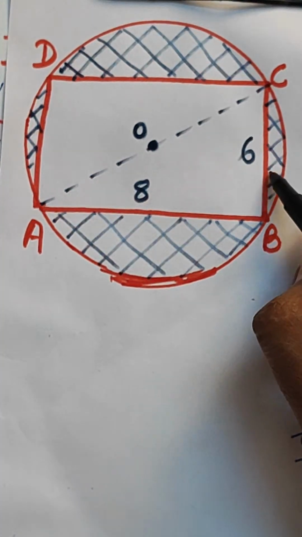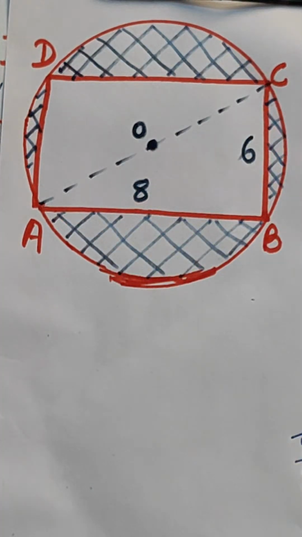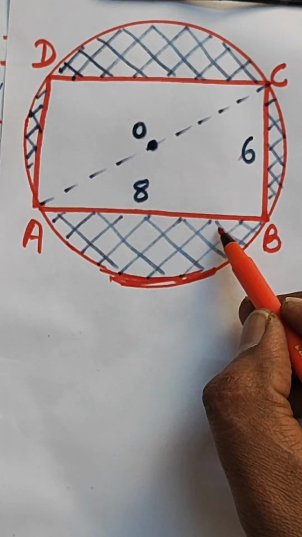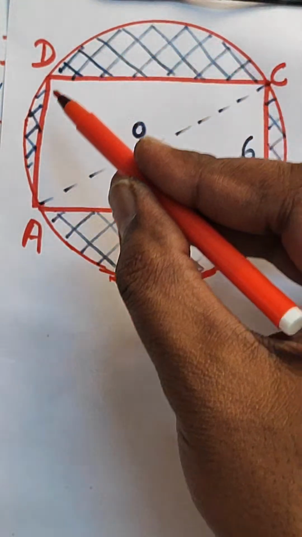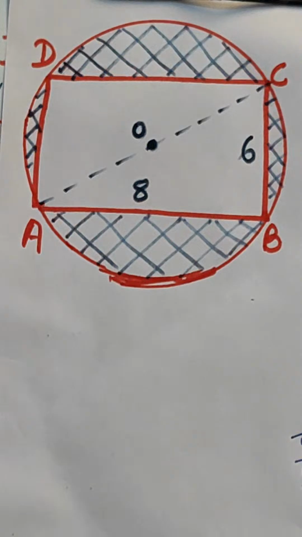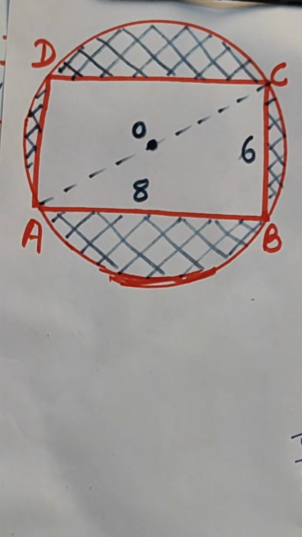You can see this shaded area is a part of the circle, right? It is a part of this circle but not part of this rectangle, right? So the shaded area can be easily calculated if you find the area of the circle and from that you subtract the area of the rectangle.